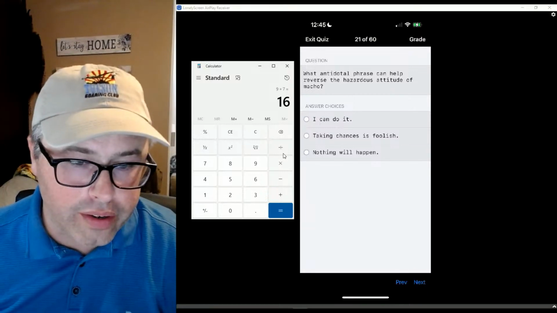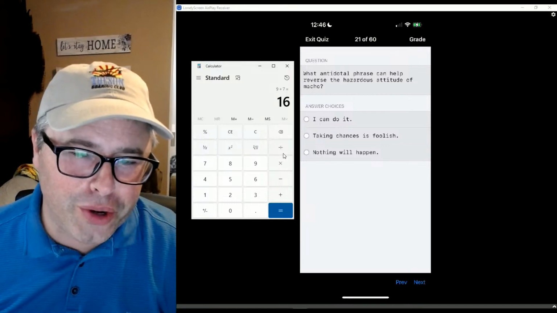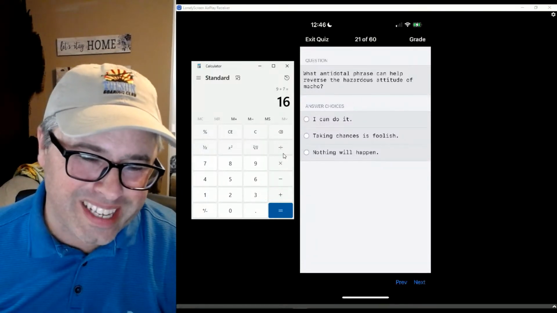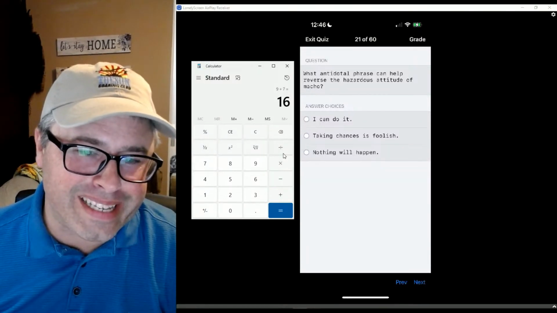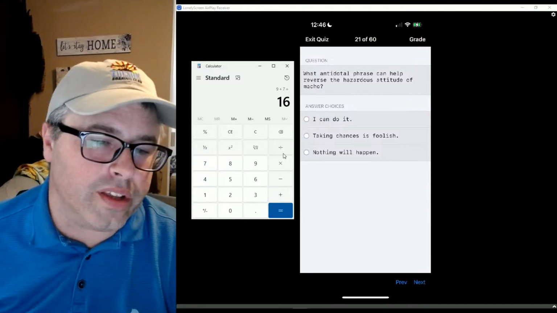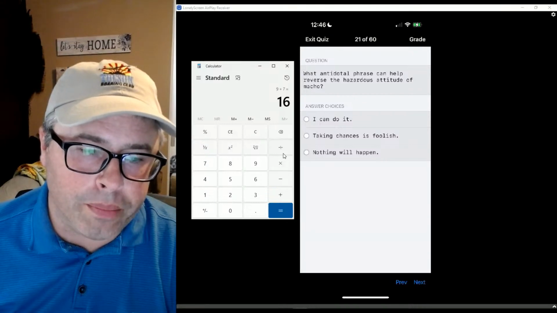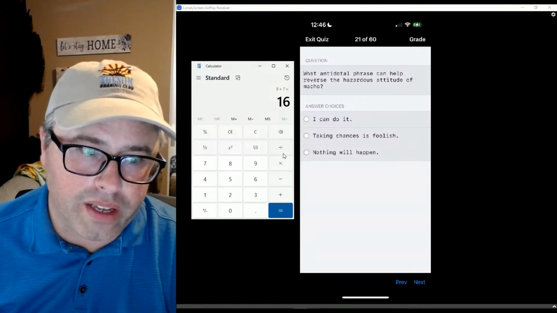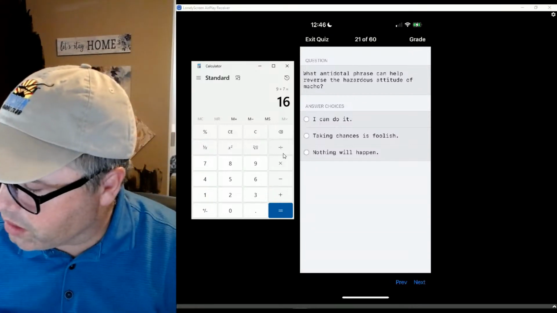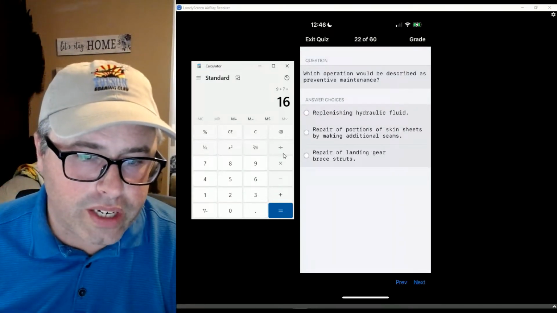Okay, or nothing will happen. Okay, two of those are hazardous attitudes, and the other one is an antidote. Okay, antidote is how you correct for it. At some point in your flying, you will be repeating these to yourself and be like, "Oh man, I need the antidote." And we'll say it. Taking chances is foolish is the antidote. Okay, for the macho attitude.